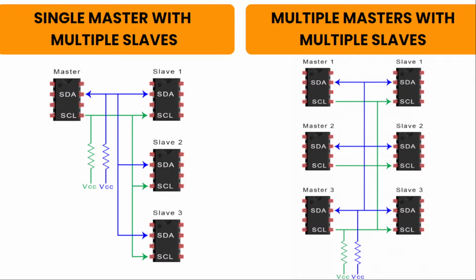If the data line is low, this means that another master has control of the bus and the master should wait to send the message. If the serial data line is high, then it's safe to transmit the message. So to connect multiple masters to multiple slaves, use the following diagram like this. Use pull-up resistors connecting the data and clock line to the VCC.